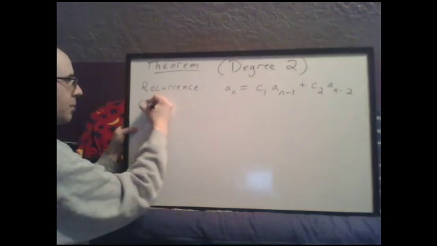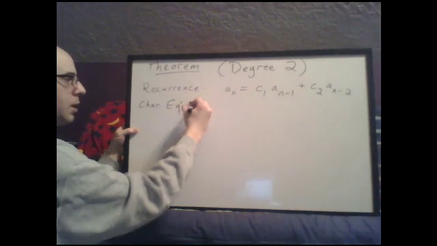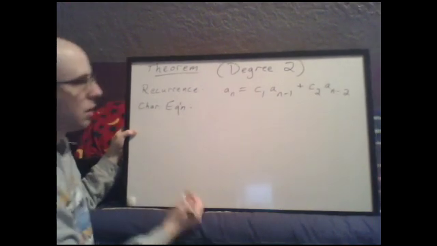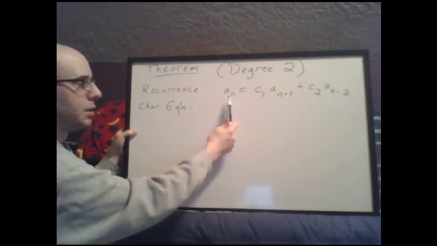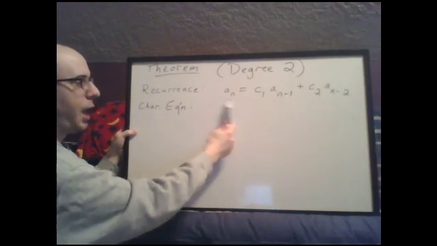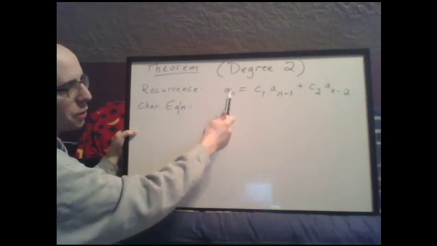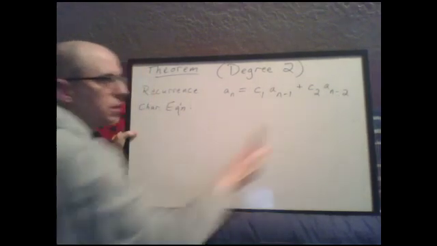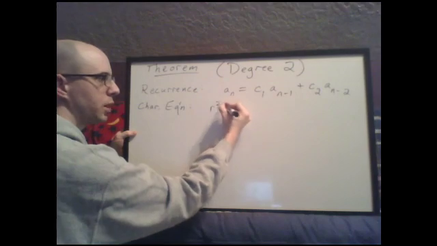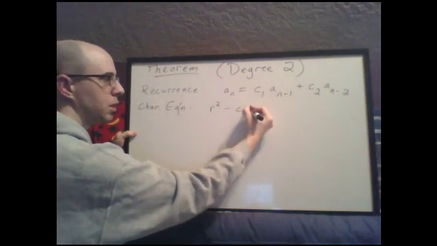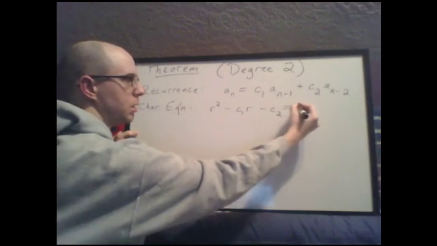Then if we do the same thing we just did, the characteristic equation would be, well, what you're doing is replacing a_n with r to the n. So you're basically changing the subscripts to superscripts, and then you're dividing out r^(n-2). So my characteristic equation would end up being r squared minus c1 r to the first minus c2 equals 0.